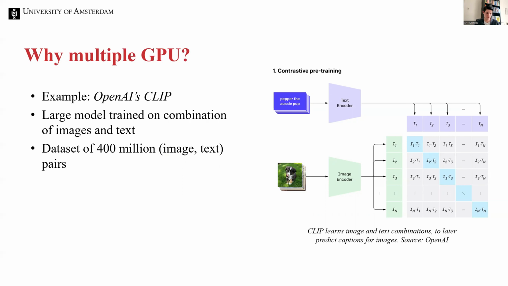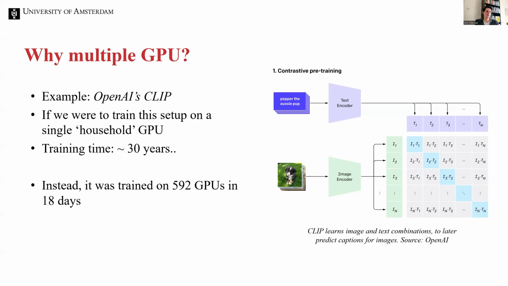The dataset they use for this is absolutely enormous, and it consists of 400 million pairs.